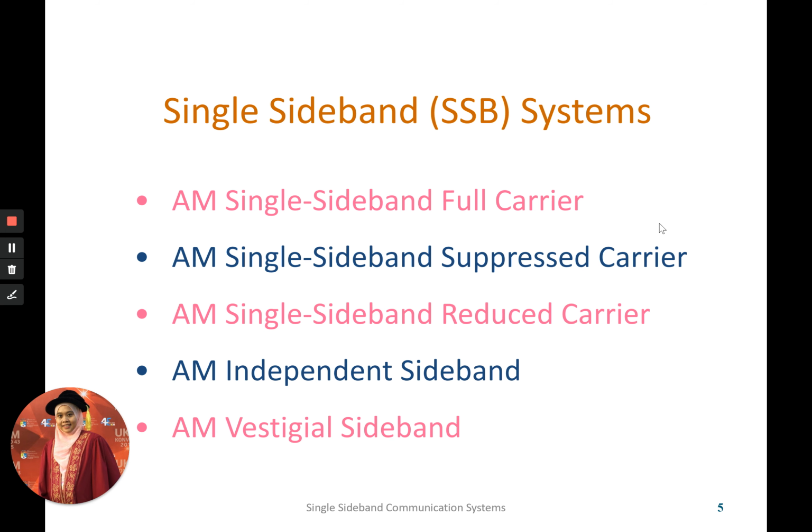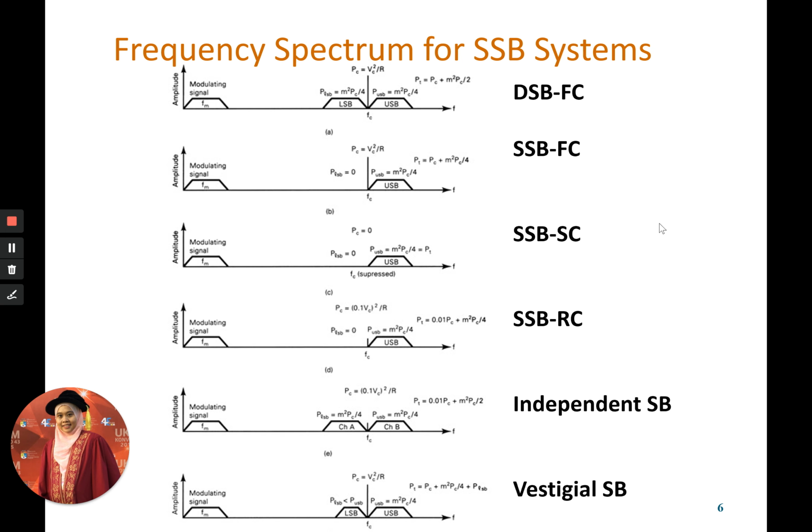On the next slide, we will see the differences between these SSB systems according to the frequency spectrum. Okay, so for the first one, the DSBFC, double sideband full carrier. This is the one that we learned in chapter 4.